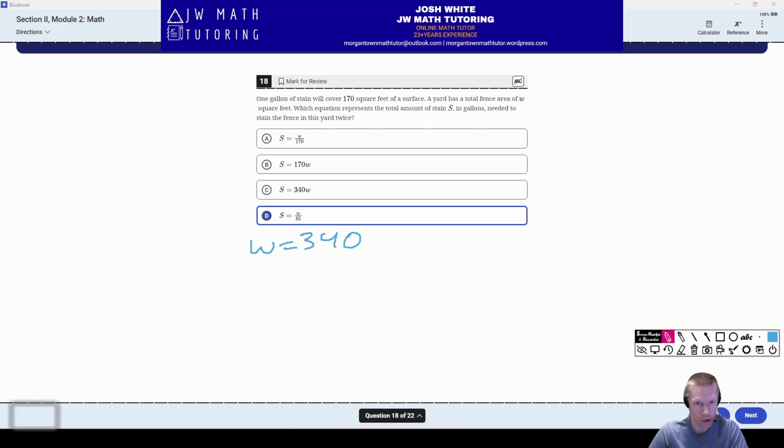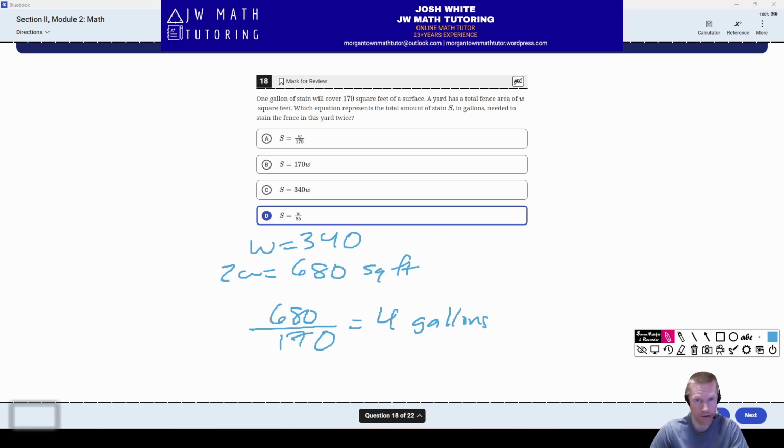Therefore, the total 2W, the total area that I need to cover is 680 square feet. Okay? Now, I have 680 square feet that I need to cover. 1 gallon will cover 170 square feet. So if I just divide those, 680 by 170, I'm going to need 4 gallons of this stain.